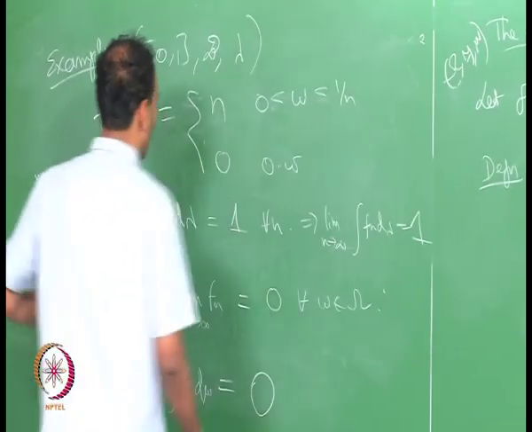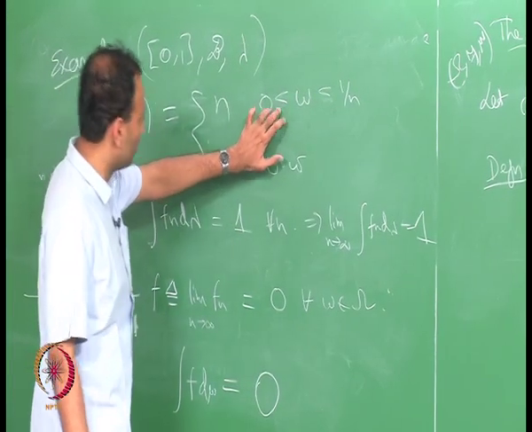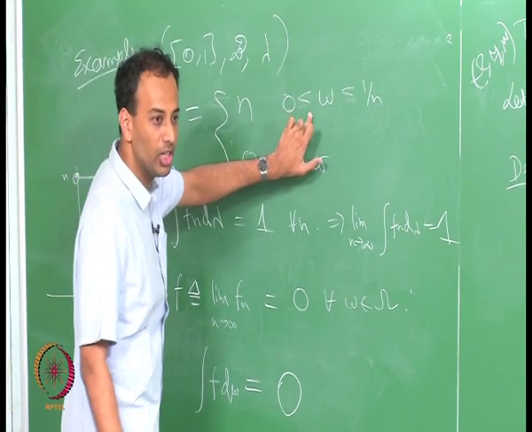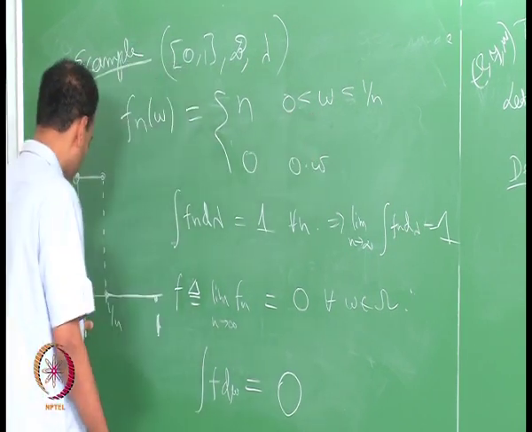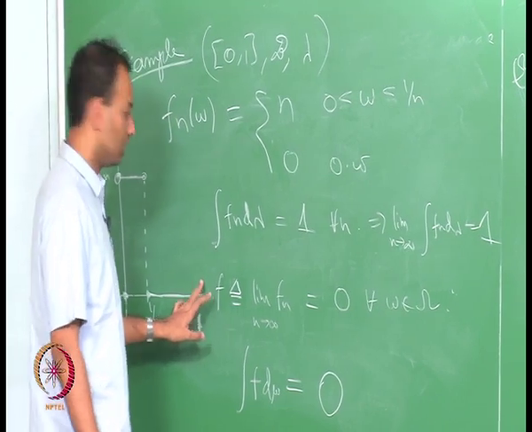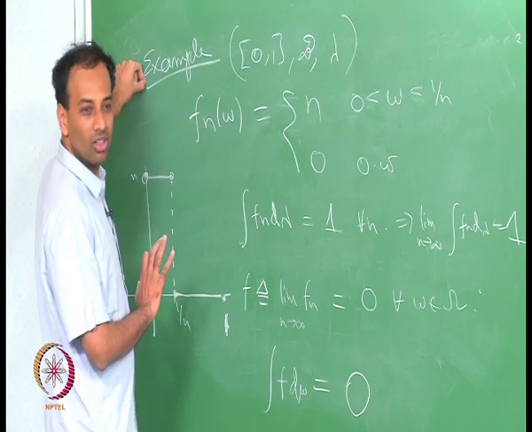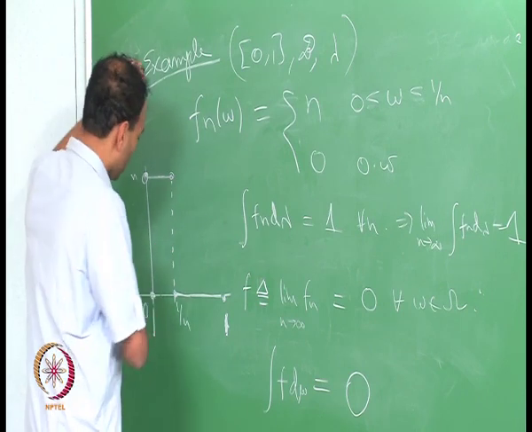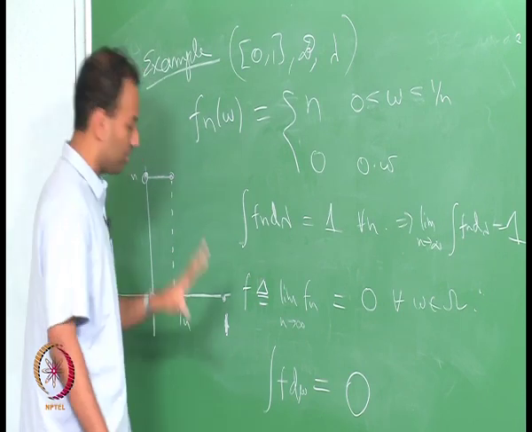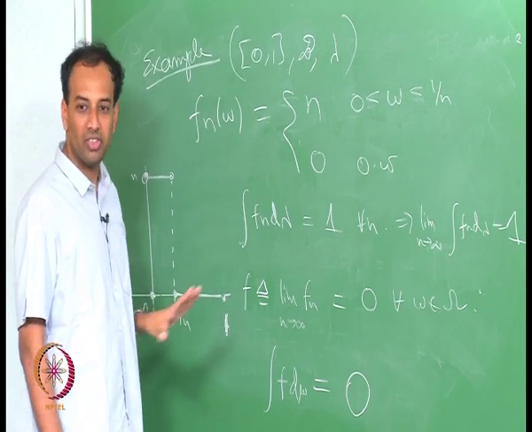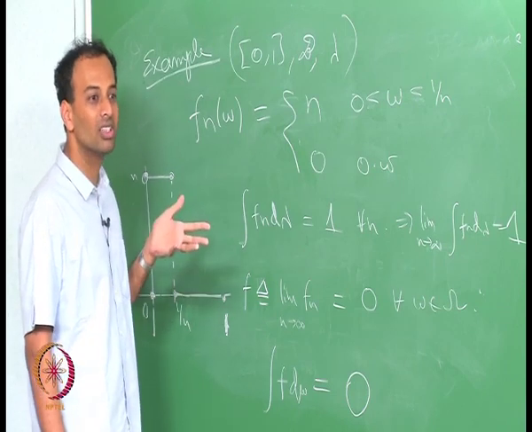I made this strictly lesser. Even if this was less than or equal to, the limit function will be 0 for all positive omega, and it will take the value plus infinity only at 0. Because it is a function that is 0 almost everywhere, its integral is 0.